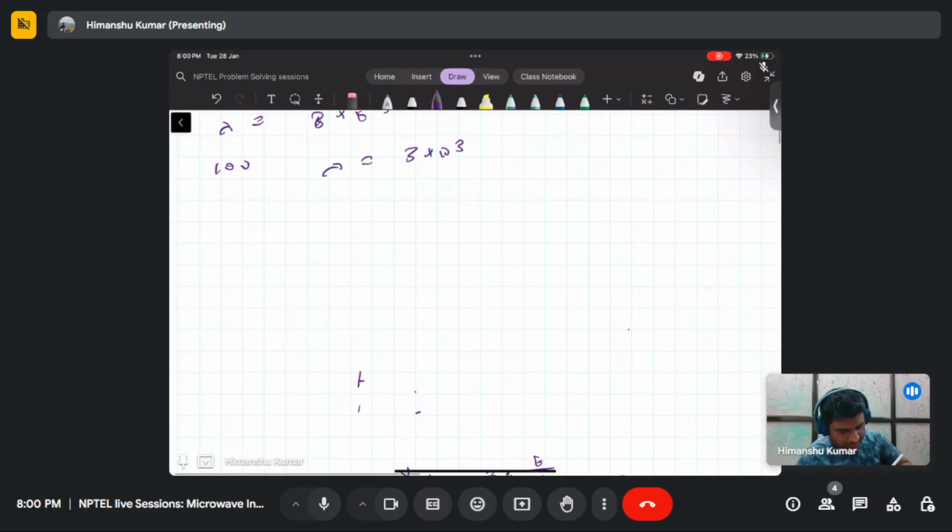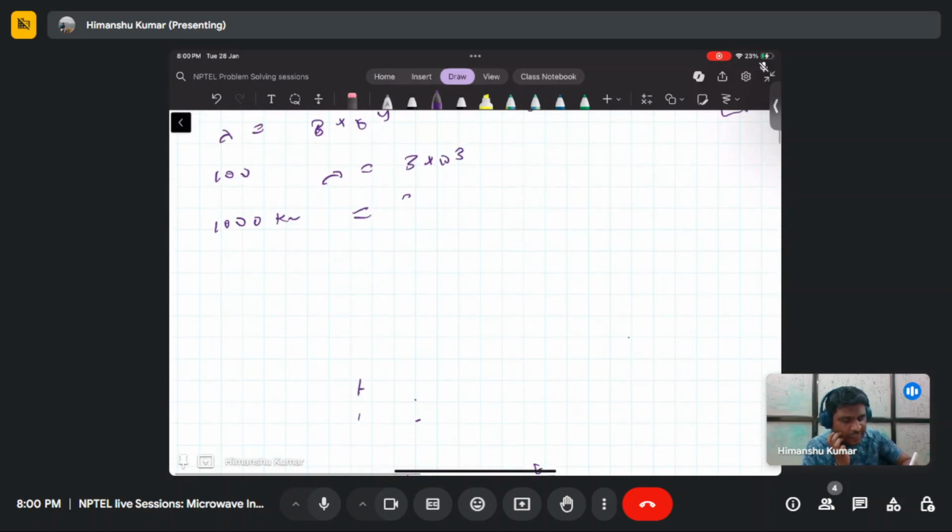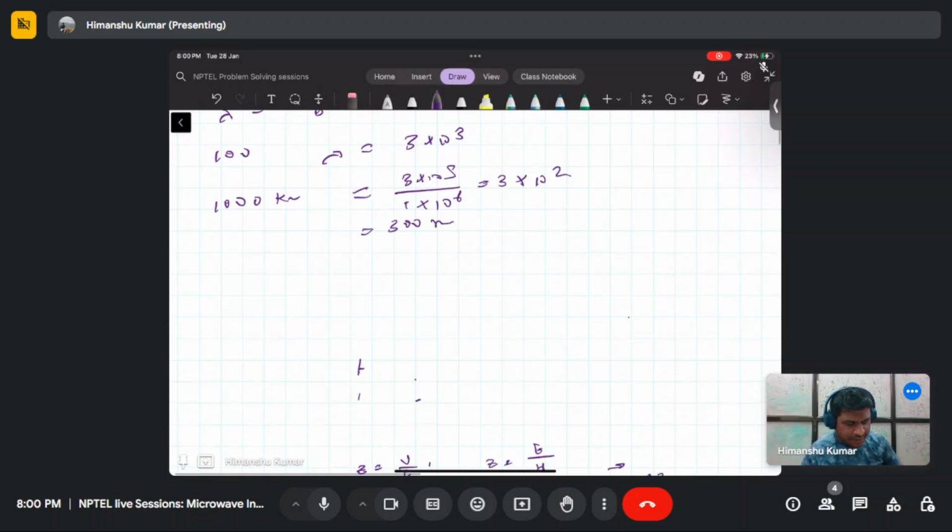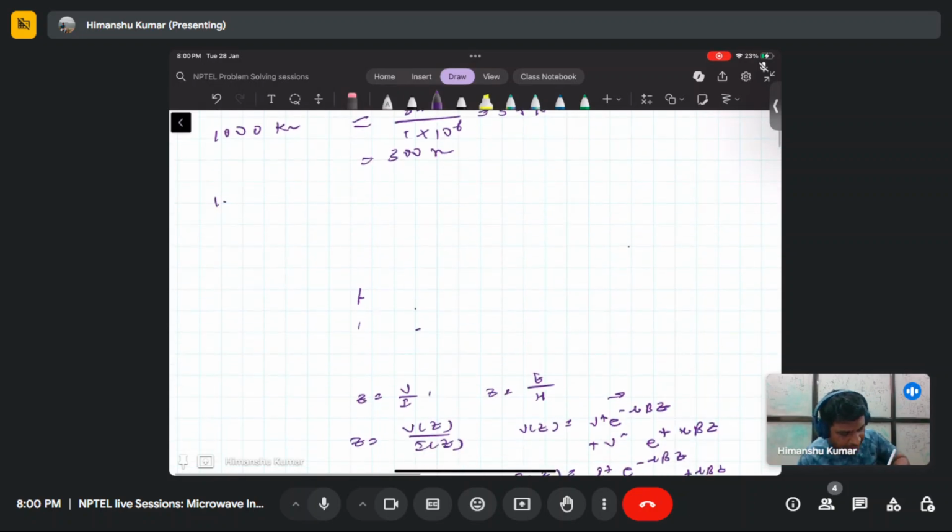If you take 1000 kilohertz, which is 1 megahertz, you calculate 3 into 10 power 8 divided by 1 into 10 power 6, which equals 3 into 10 power 2, which is 300 meter. If you take 10 megahertz, lambda becomes 30 meter.